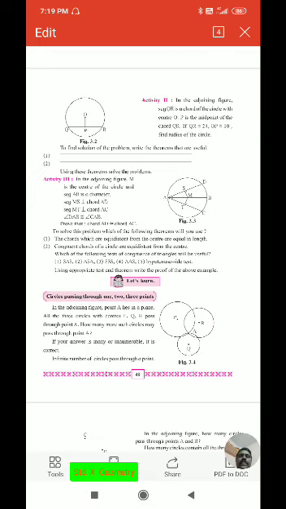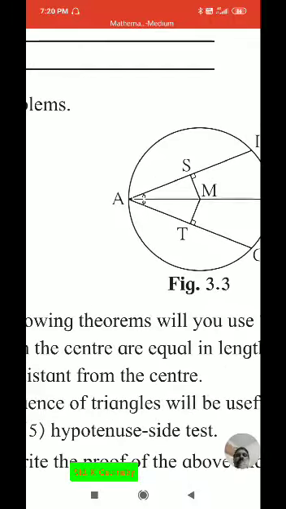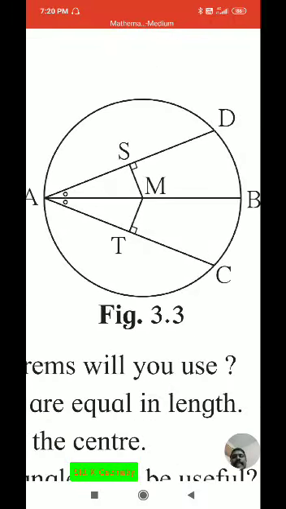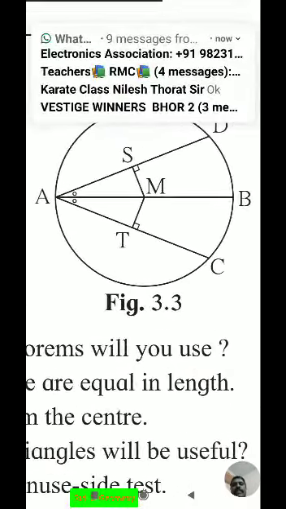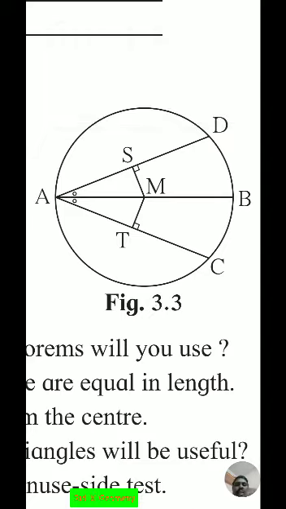In this figure, we can see that two triangles are formed, triangle ASM and triangle ATM.